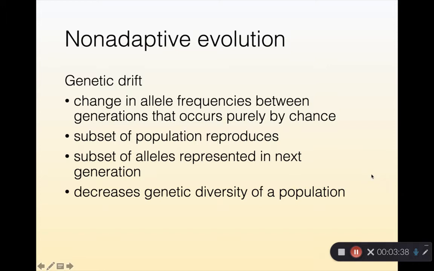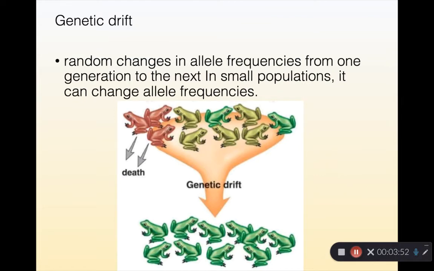Importantly, genetic drift is going to decrease the genetic diversity of a population. The overall number of traits that exist in a population is going to decrease through genetic drift. So let's look at what that might actually look like. Again, we're talking about random changes in allele frequencies from one generation to the next.